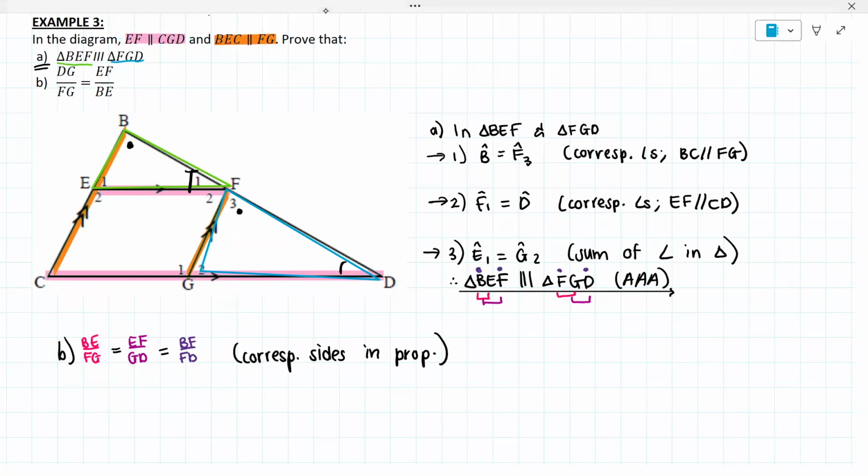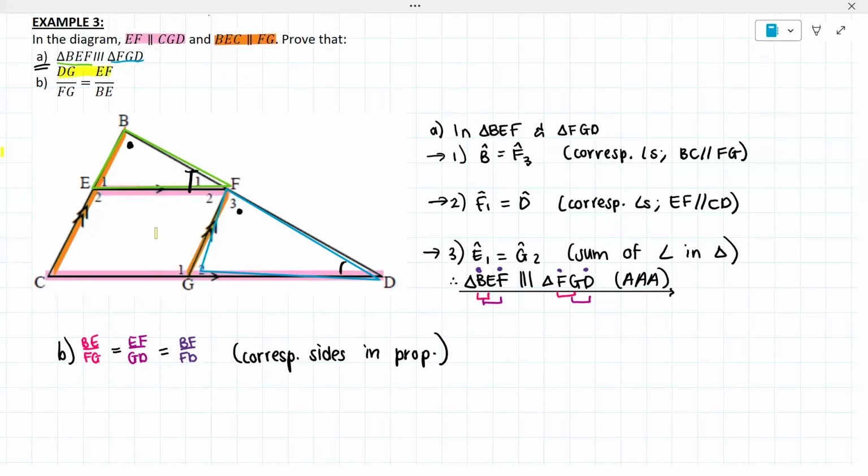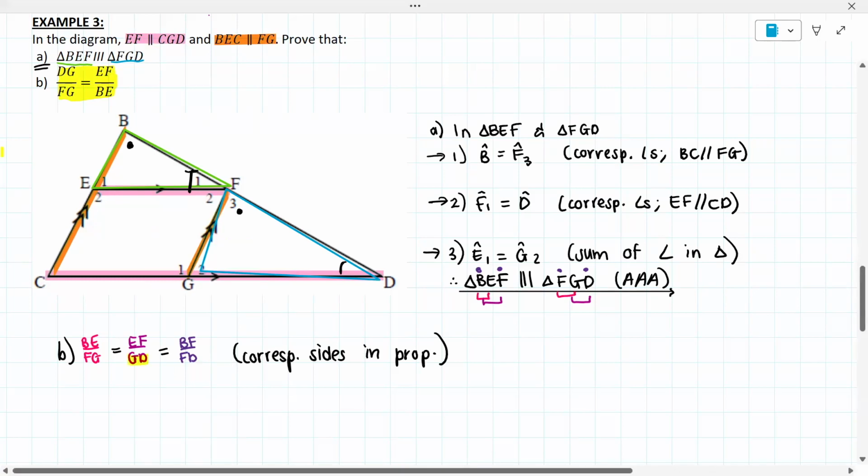Now that we've done that, we can go back to the ratio that we're looking for. We want DG over FG is equal to EF over BE. Go to the ratio that you just set up and find which fractions contain those letters. So there's DG, there's FG, here's EF, here's BE.